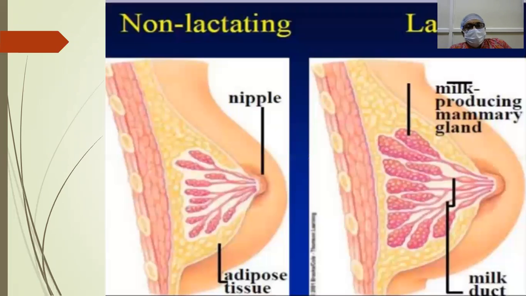So look at how a non-lactating and a lactating breast look. Here the alveoli are more prominent. The nipple is more erect.